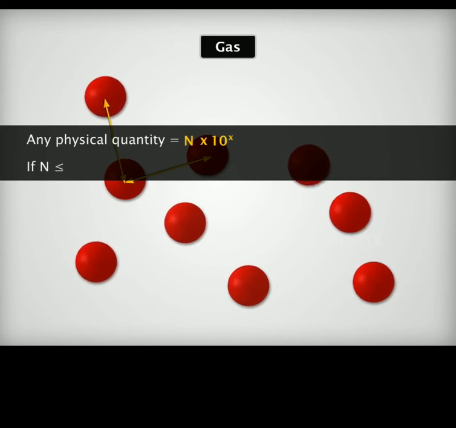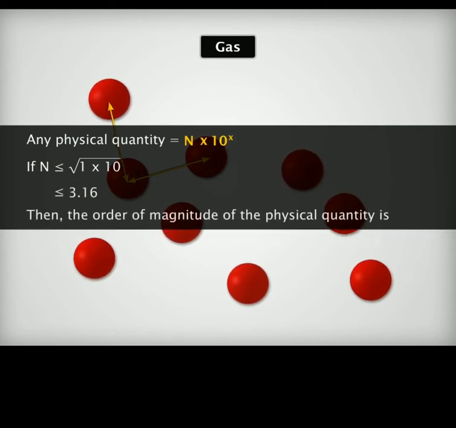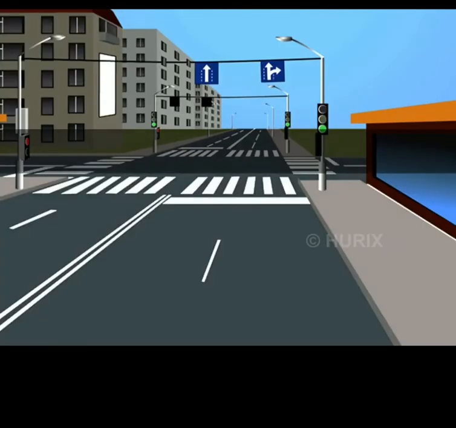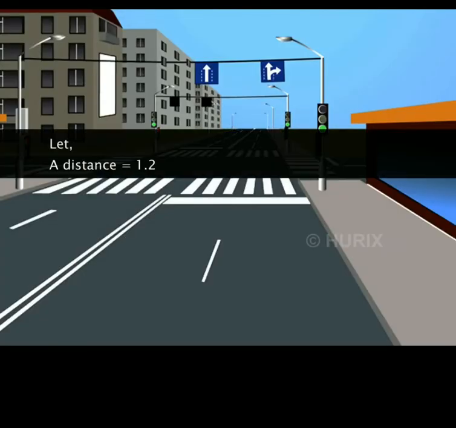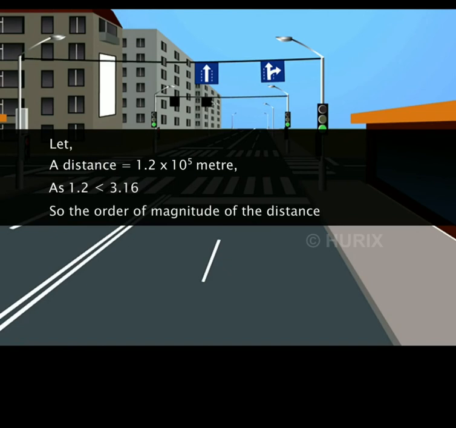If n is equal to or smaller than square root of 1 into 10, or 3.16, then the order of magnitude of that quantity is 10 to the power of x. For example, in the distance 1.2 into 10 to the power 5 meter, 1.2 is less than 3.16. So the order of magnitude of the distance here is 10 to the power 5 meters.